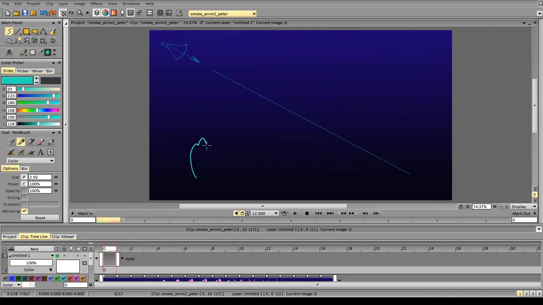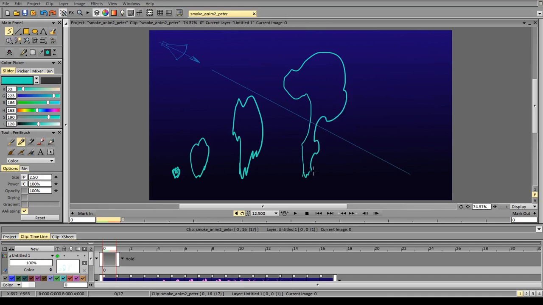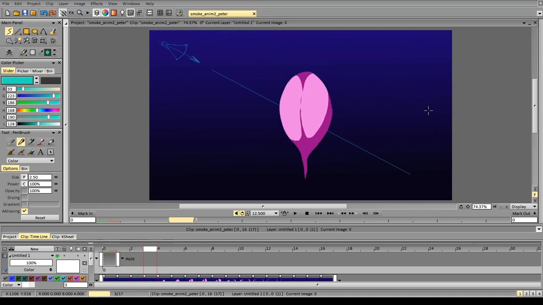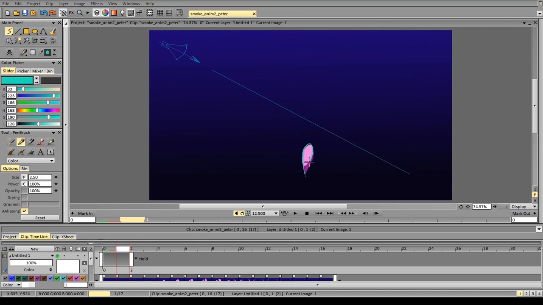So usually you get the smoke starting, then it accelerates and the forms are more rough and pointy, and then it becomes more wave-like and goes up and slows down, all that stuff. But here it kind of changes its direction mid-air, and that's a very strange thing for the smoke.